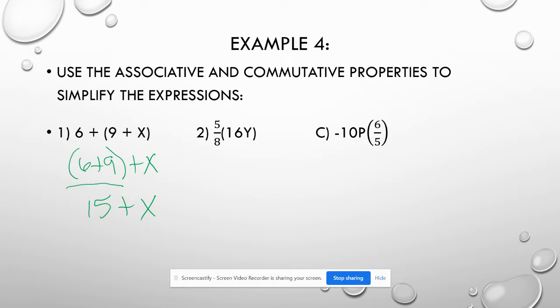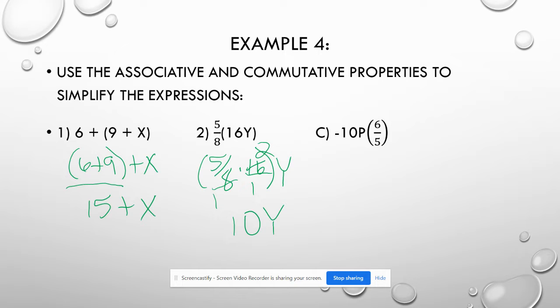For number 2, we can again use the associative property to change this to 5/8 times 16 times y. 5/8 times 16, remember I can cross reduce 8 and 16. So we're left with just 5 times 2, which is 10, and we have 10y.